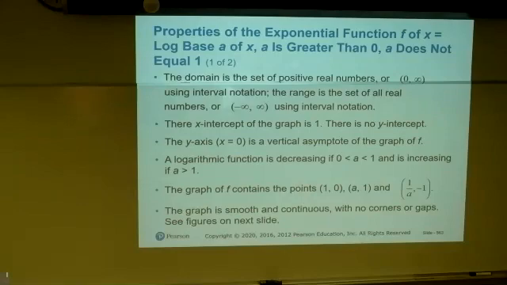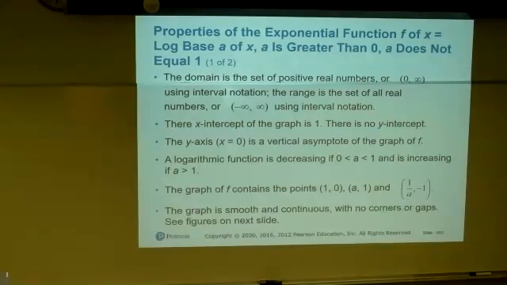The function is decreasing when the base is a fraction between 0 and 1, just like with the exponential. And it's increasing when a is greater than 1. When the base is greater than 1, then it's going to be an increasing function.